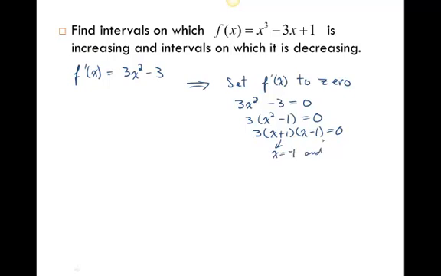And from this factor we're going to get x is equal to positive 1. Okay, so let's make a sign chart. So these are the points where your function is equal to 0, right?